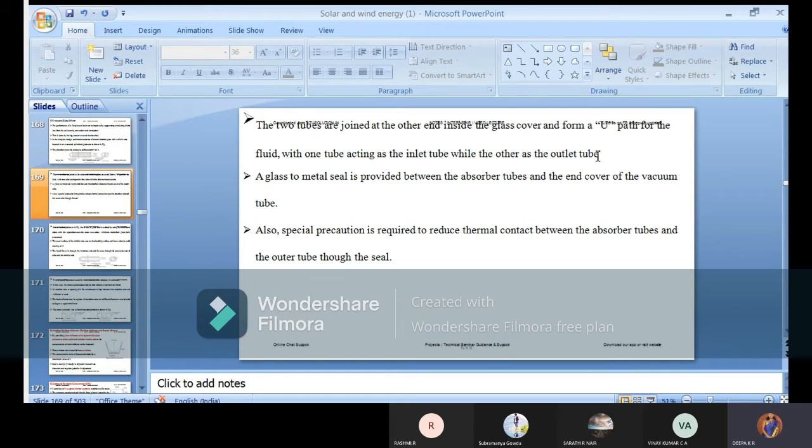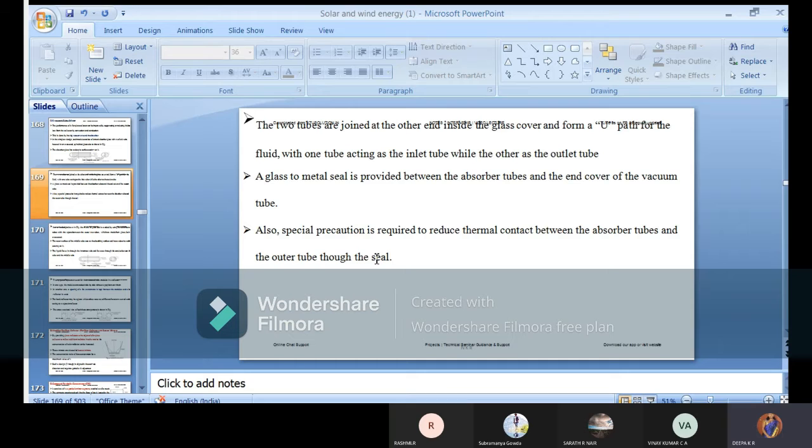And next, a glass to metal seal is provided between the absorber tubes and the end cover of the vacuum tube. Definitely, because you need to maintain the vacuum difference. So that's what they are going to seal. Then also special precaution is required to reduce the thermal contact between the absorber tube and outer tube through the seal. If not, what happens? There is a chance of opening that seal. Seal means, of course, it will be airtight.